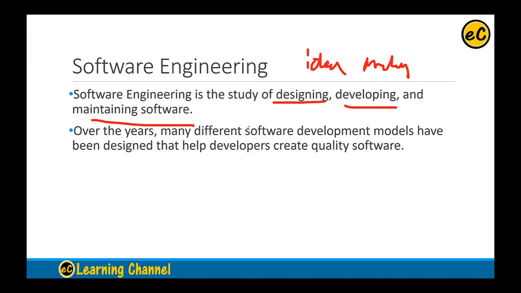It's not just problem solving, okay? Problem solving is for computer science, but when we talk about software engineering, it's everything related to the creation of the product for software. We call it software engineering. So over the years, many development models have been used.